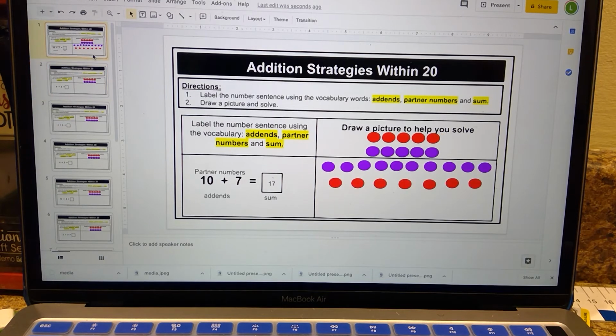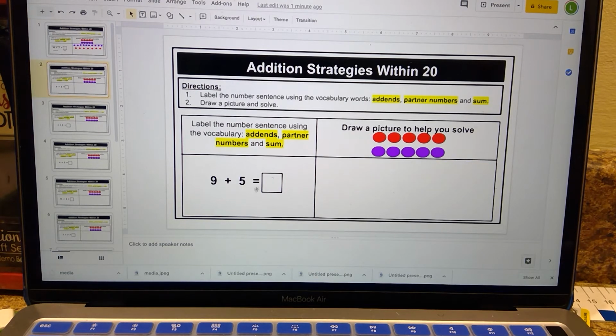It's going to look just like this first slide, okay? I showed you where partner numbers were, where addends were, and where the sum is by writing the words down, okay? I want you to do the same thing for 9 plus 5. You may begin.